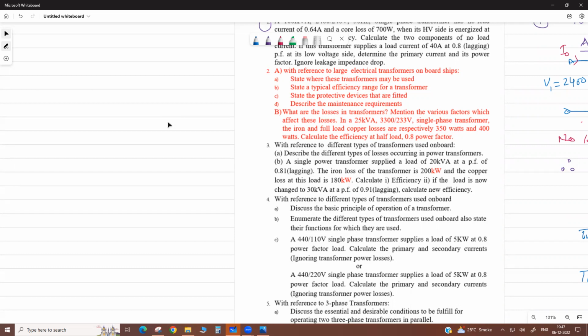Maintenance requirements. What are the maintenance? In oil type there is major maintenance, but in dry type maintenance is primarily dust deposit, which is the main cause of failure of dry type transformer.